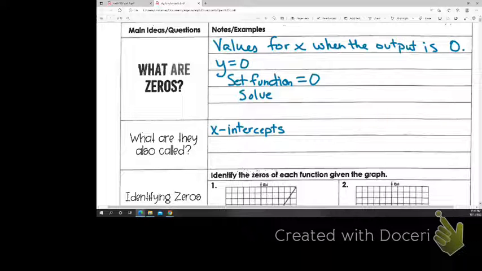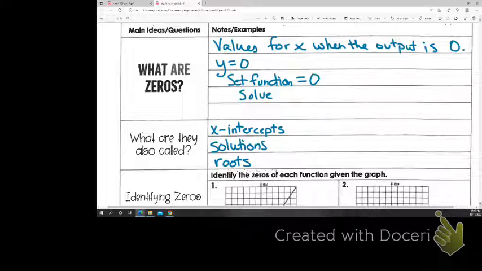It would be on the x-axis. So the zeros are also called the x-intercepts. They are also called the solutions. And they're also called the roots of the equation, or the roots of the function. So we could use those words like this.